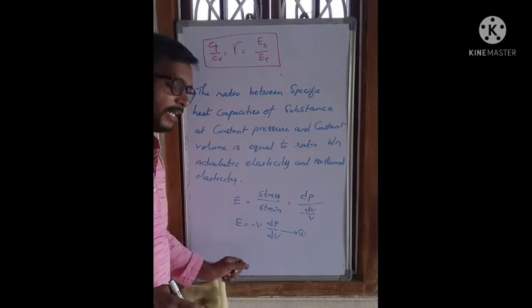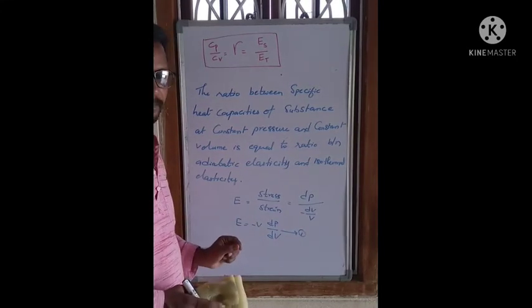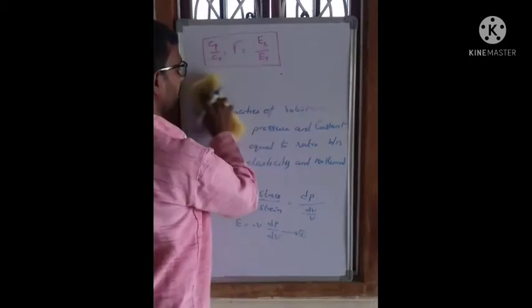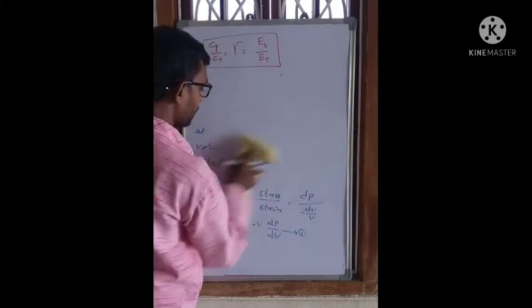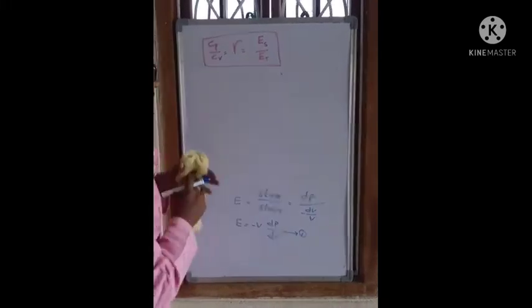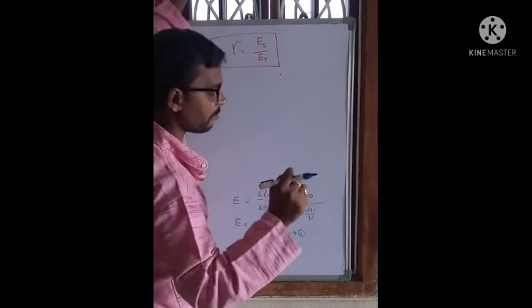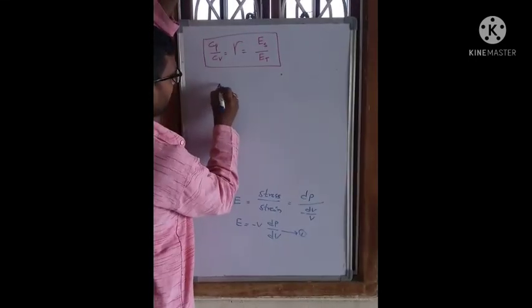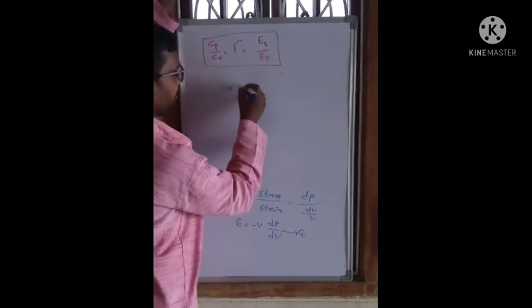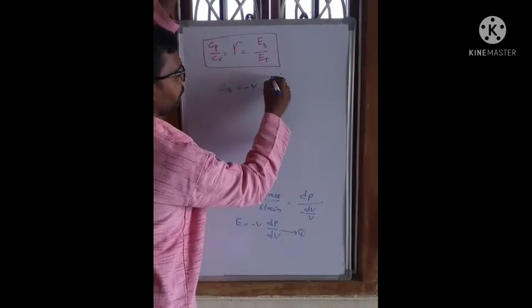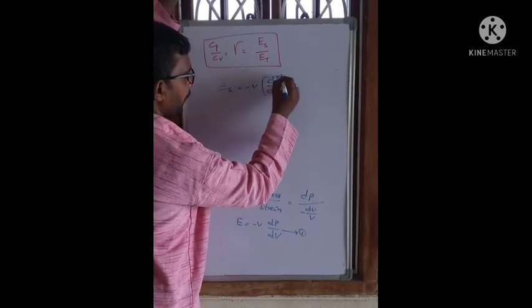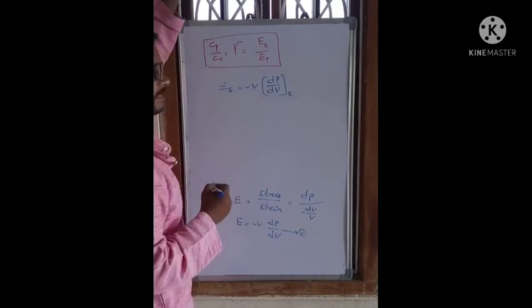So now, elasticity in adiabatic process. How can we write elasticity in adiabatic process? Which one is constant in adiabatic process? Entropy is constant. That is why we will write Es equal to minus V into dP by dV, where S is constant.